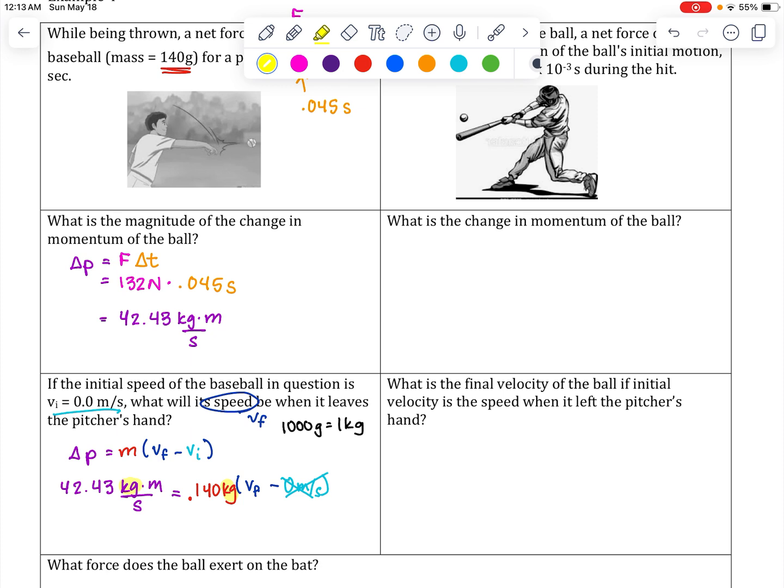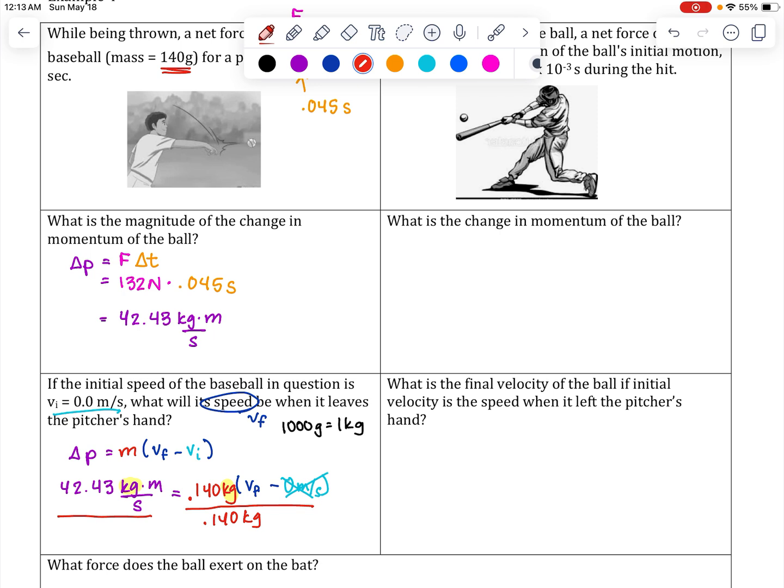That's a lot better, because now I can divide both sides by 0.140 kilograms. I noticed that because what I was looking at was dividing 42 by 140, and that gives me a velocity of less than 1, and the pitcher is not pitching a ball with less than 1 meter per second speed.